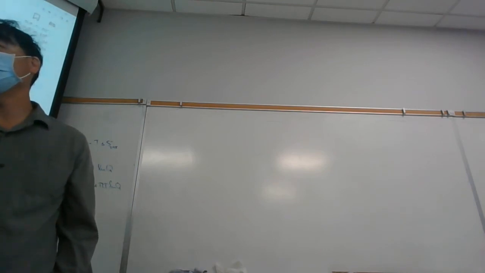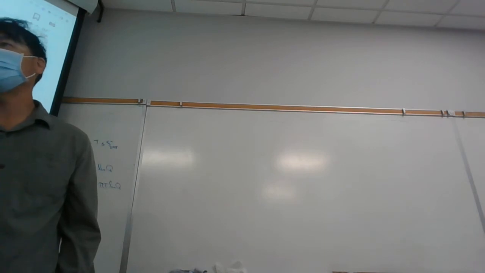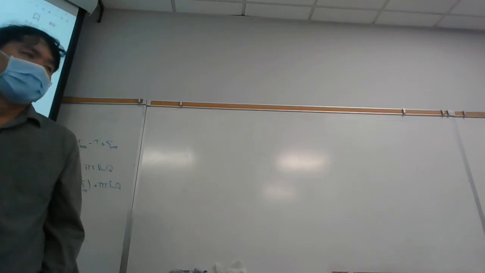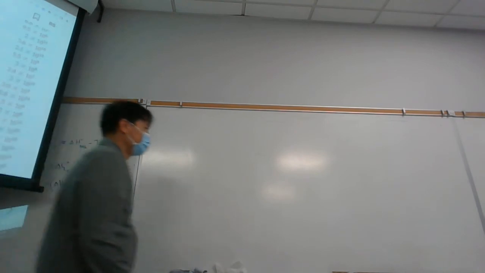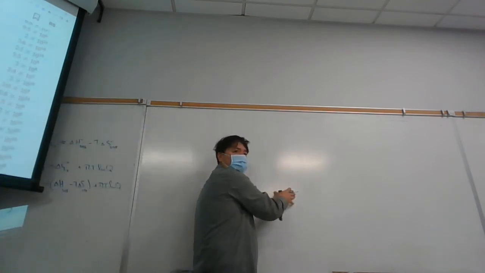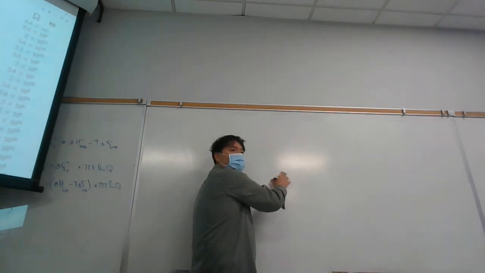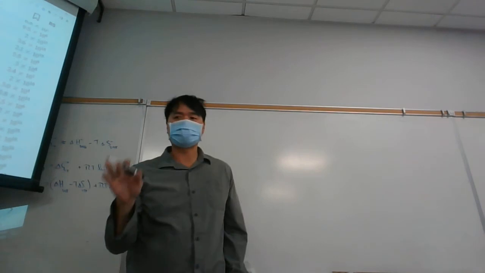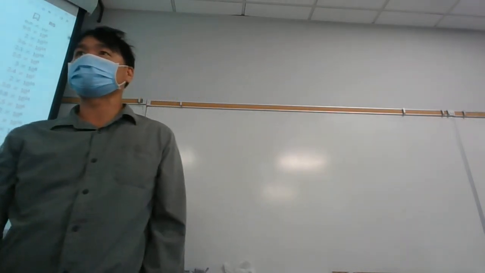Let's say I don't want all the gold to dissolve, just 50%. Then what do I have to do to get just 50% of the gold to dissolve rather than all of it? In that case, we set up the ice table so that only half of it reacts, and then figure out what conditions make only half of it react. That way we can control the amount of reaction that occurs.